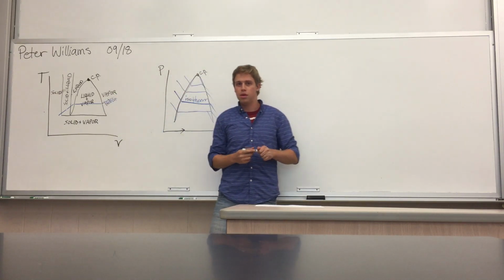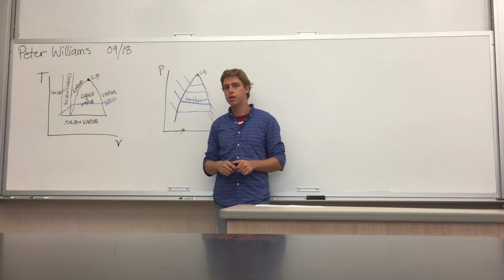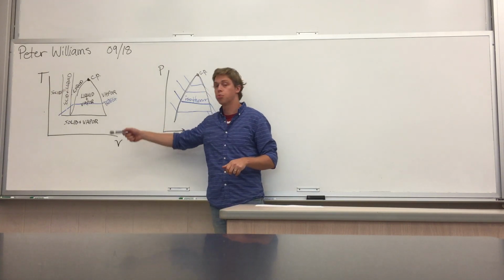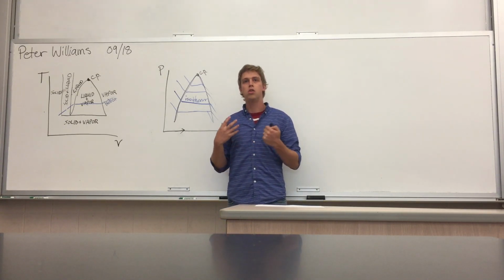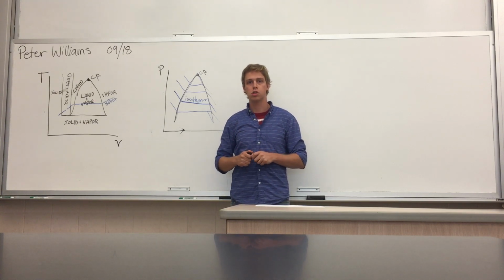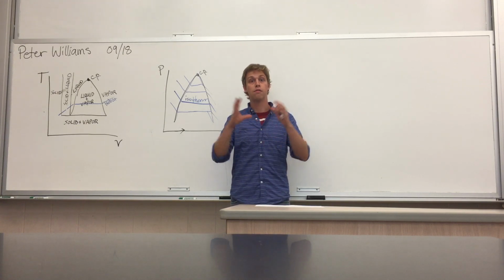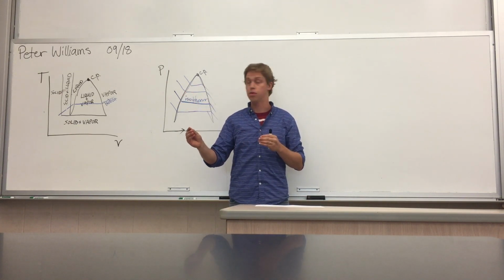How can something be in a partial phase of solid and vapor? Doesn't it have to go through liquid first? Not really. Generally this occurs at lower pressures than we're used to, so we don't deal with it all that much. But in your brain you can probably recollect seeing a situation where you had a solid and it vaporized. It doesn't necessarily have to go through the liquid phase.